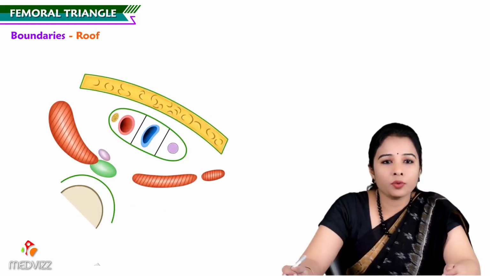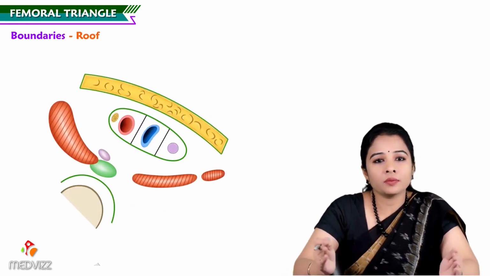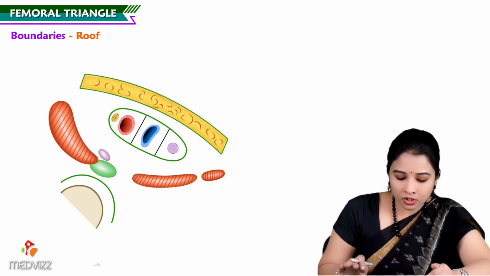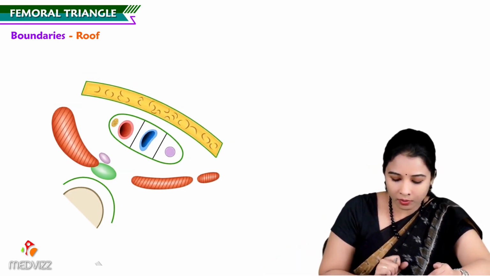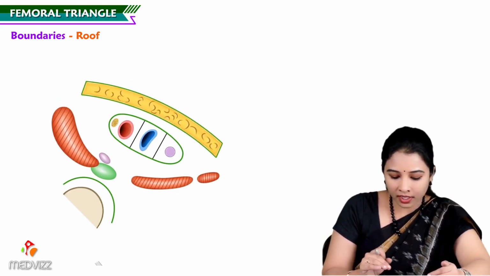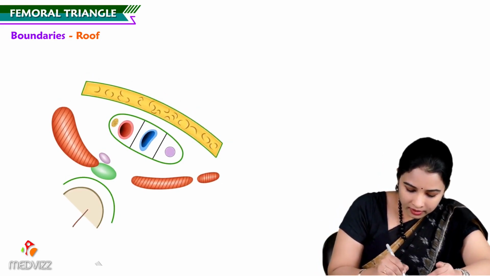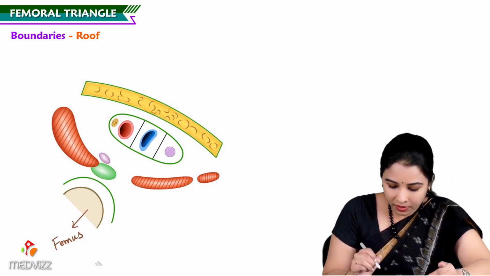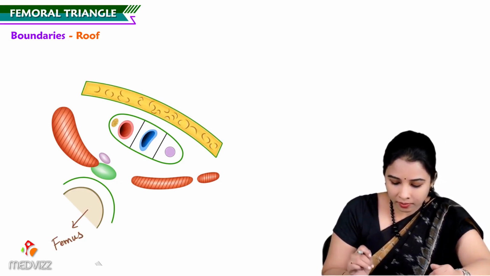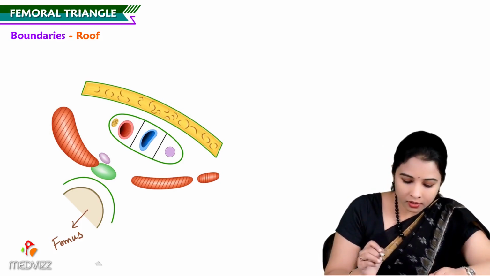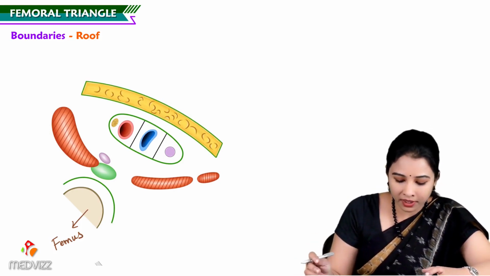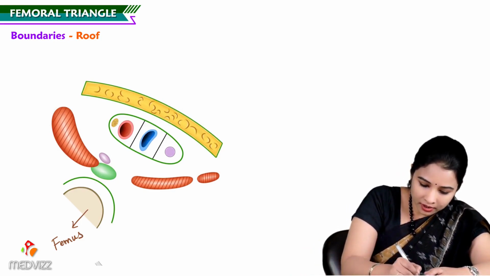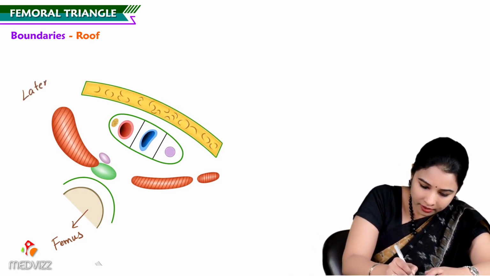The roof of the femoral triangle. The roof is covered by the skin, superficial fascia and contents of it. Here is the cross section along the femoral triangle exposing the contents, and on the other side we can see the femur here. This is femur and the muscles present in the floor, lateral to medial. So which is lateral, which is medial in this cut section? The lateral one will be the nerve here.